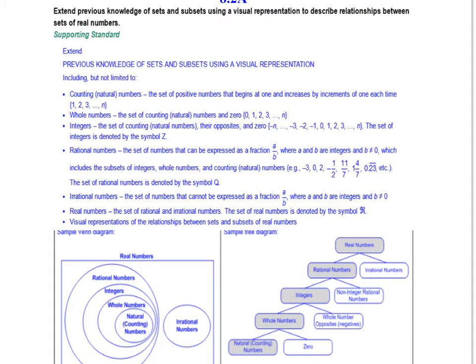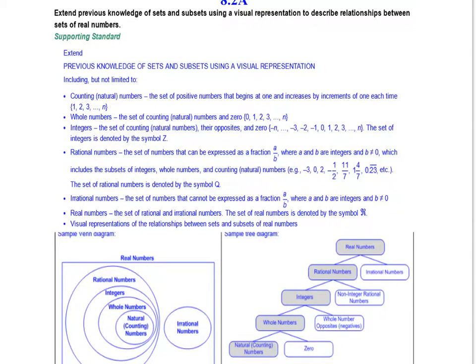Counting numbers, which we also call natural numbers, are all the positive numbers that begin with 1 and increase by increments of 1 each time. For an example, we can have the set 1, 2, 3, and so on all the way to infinity.